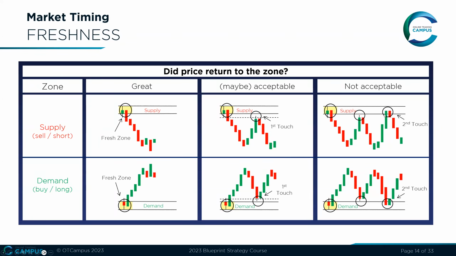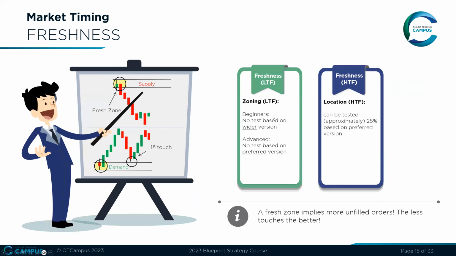What is not acceptable is multiple tests or a test within the preferred version, because that just means that a lot of orders have been filled already, and it is likely that the next time price comes up, we're going to shoot through the zone. So the laws of price and order flow would play a role here when we look at the freshness per se. So here are your rules on that.